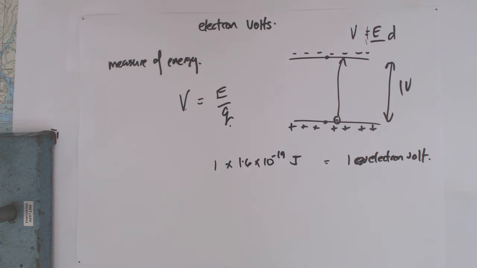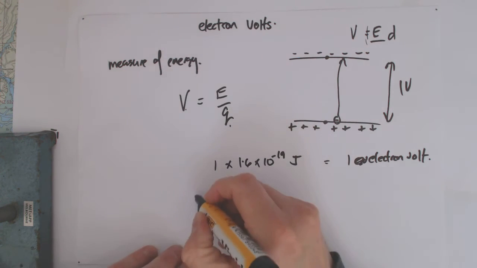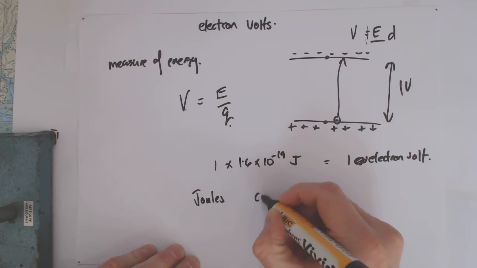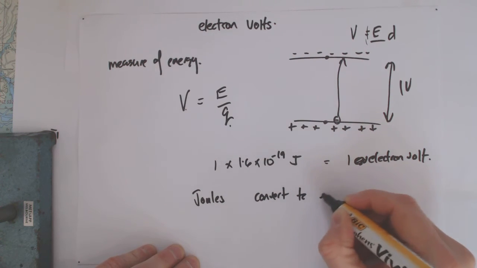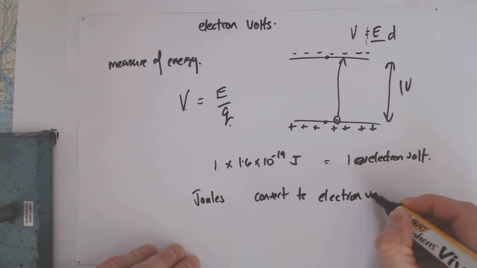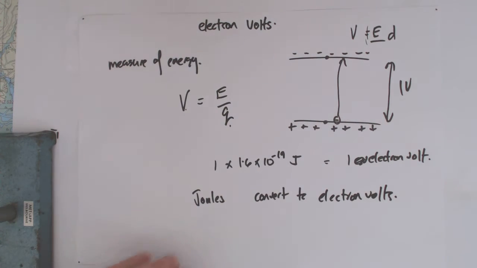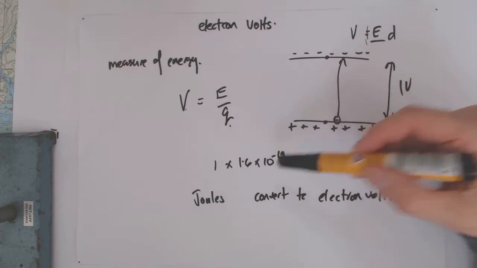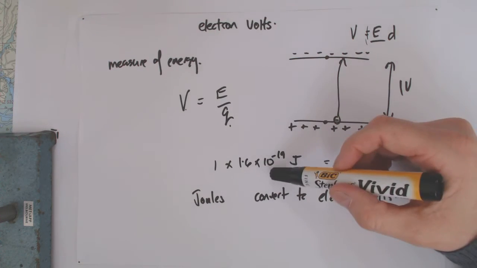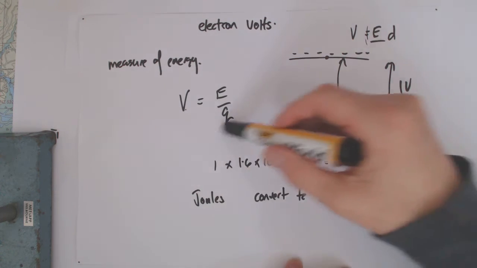Alright, so if you've come up with an answer and it's in joules and you want to convert to electron volts, that's going to be a really small number. Okay, and if we divide it by a really small number, it's going to become a much bigger number, and this is truly a very small number.